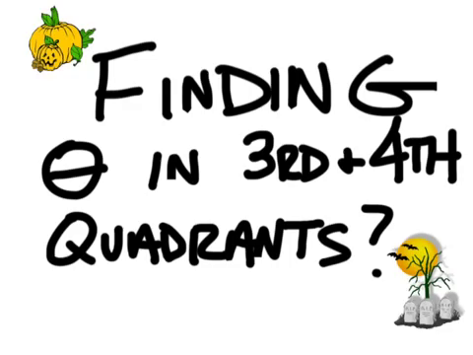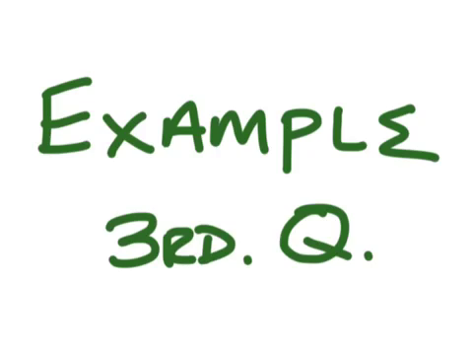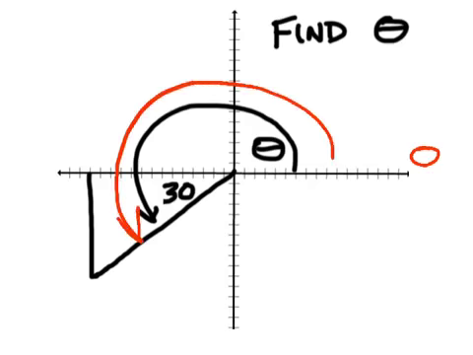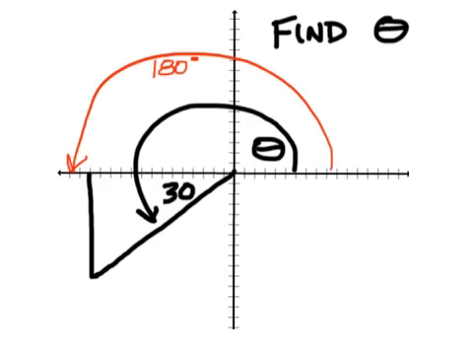Example number 2. Finding theta in the 3rd and 4th quadrants. Example for the 3rd quadrant. So I have a triangle and I found 30 inside of it, but I have to find theta. It wraps all the way around from 0, which is over here, and it goes just like that.